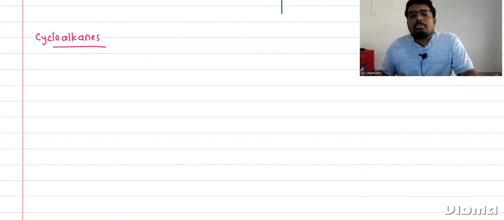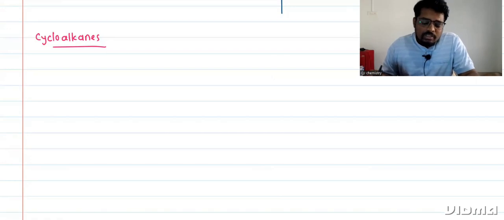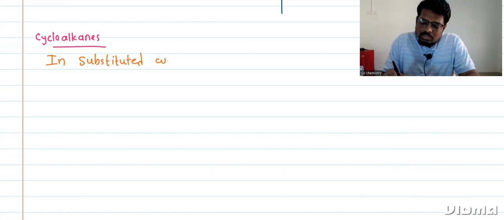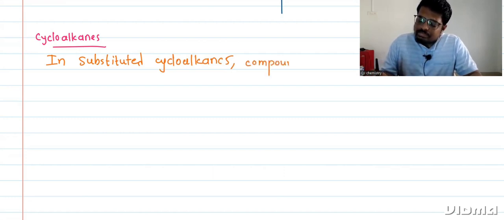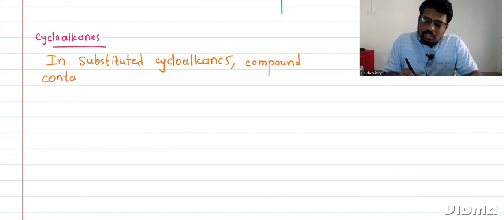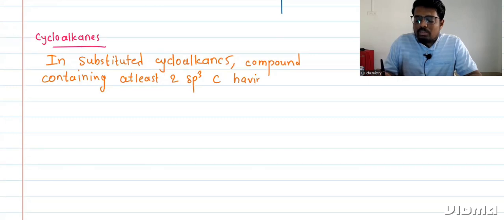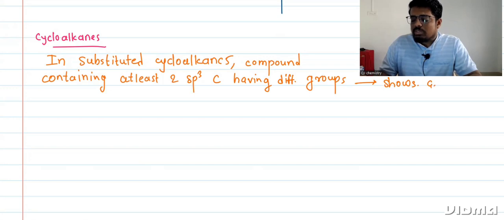So one point you have to remember here, in a substituted cycloalkane, a compound containing at least 2 sp3 carbons having different groups shows geometrical isomers.